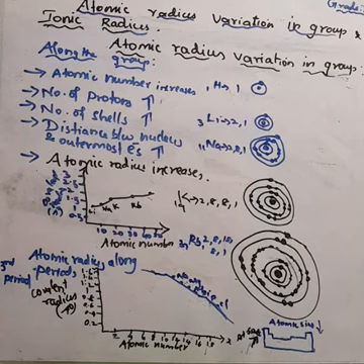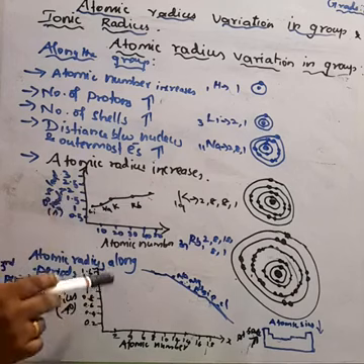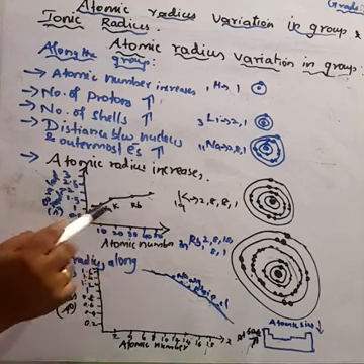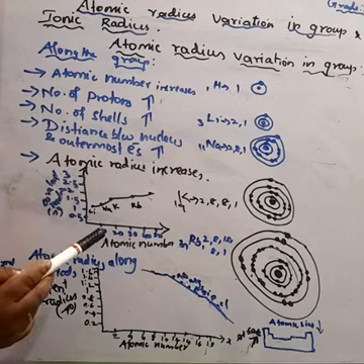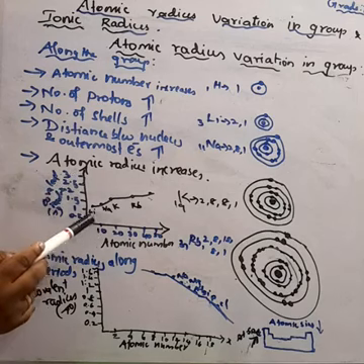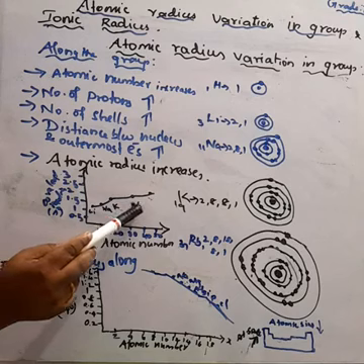So in the periodic table, when we are moving from left to right, the atomic size decreases. When we are moving from top to bottom, atomic size increases. Understood? This graph shows the variation of atomic radius or covalent radius of the group 1 elements, that is lithium, sodium, potassium, rubidium.